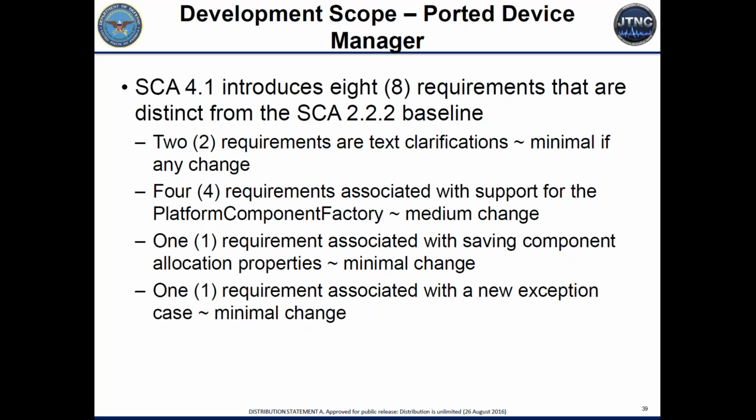There was one requirement associated with saving allocation properties. So when I went on a little bit about the elimination of the get component implementation ID operation, this new requirement that was added into the 4.1 Device Manager was something which was necessitated to make sure that the core framework still has access to the information that one would have received via that get component implementation ID operation.